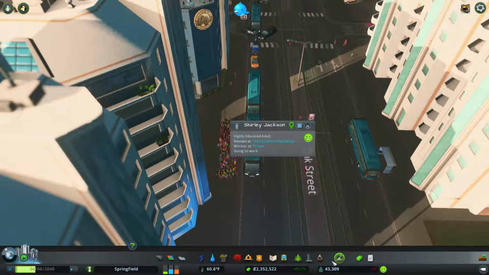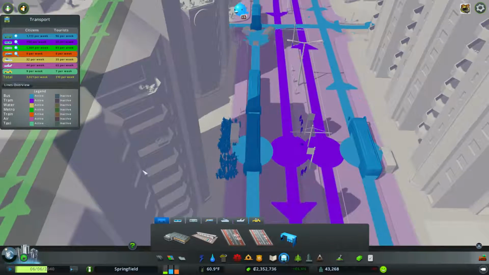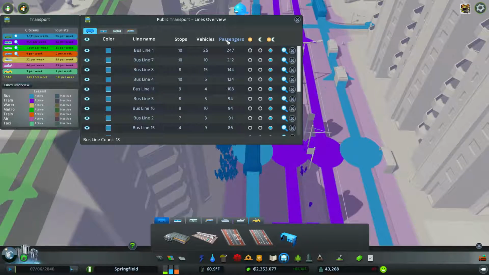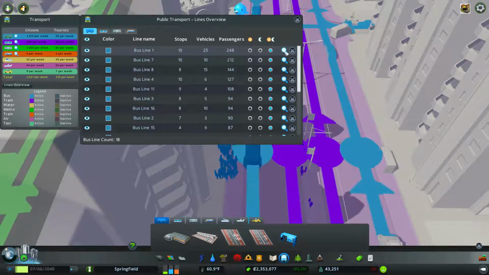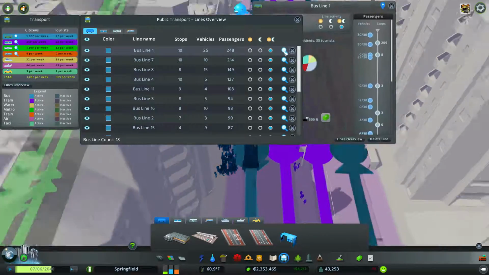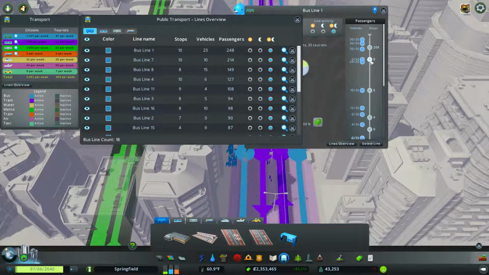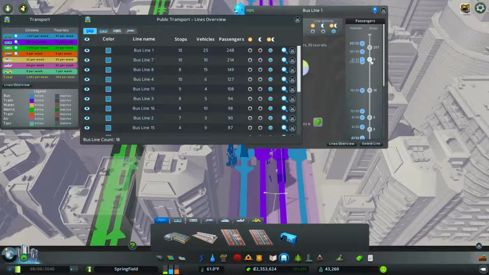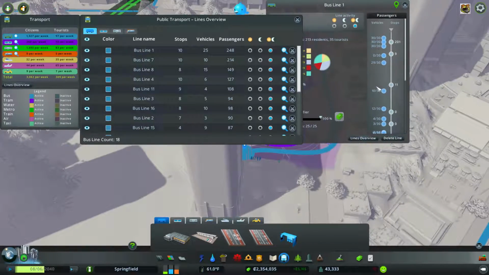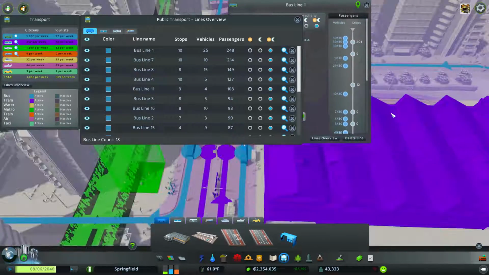Okay, so this is bus line. Let's go up here. This is bus line 1. So let's follow the stops here. Goes down there, and it goes there.